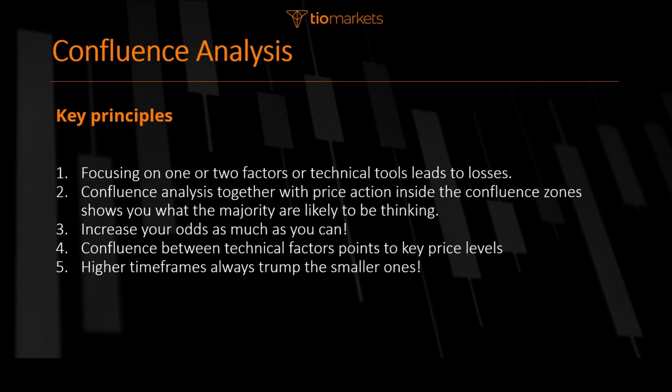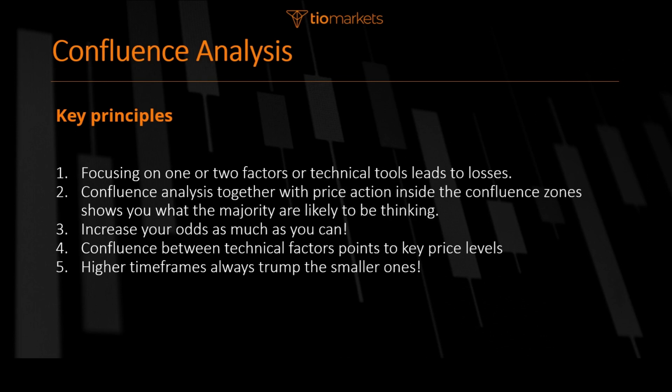Because if you think in terms of one or two factors, it's probably going to mean that you have a very small number of traders focusing on these one or two factors with you. But if you put several factors together, the probabilities are that there's loads and loads of people focusing on that same area, because somebody's looking at the trend lines, somebody's looking at the moving averages, somebody's looking at the Fibonacci levels, somebody's looking at something else.